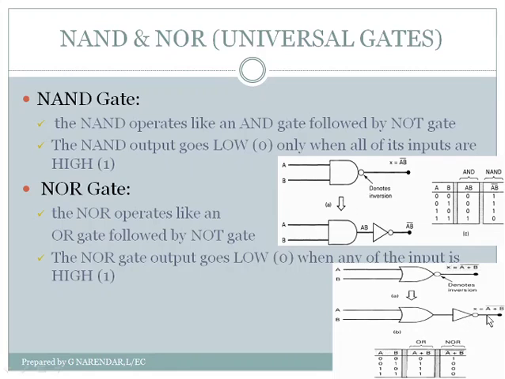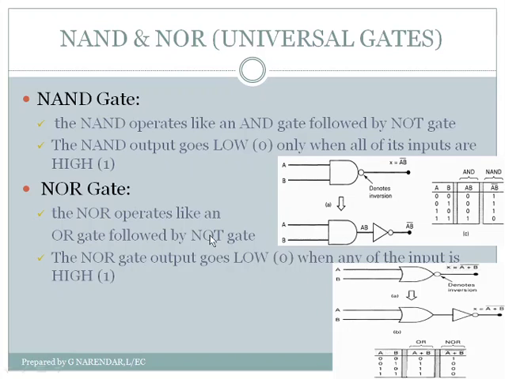So the output of NOT gate becomes X equal to (A plus B) bar. By this we can say that the operation performed by NOR gate is equivalent to performing OR operation first, followed by complement operation on the result of the OR gate.